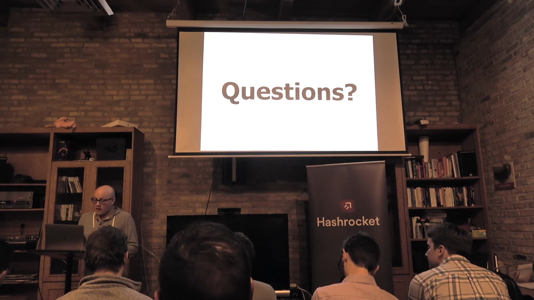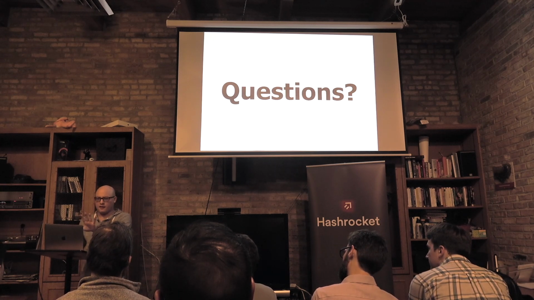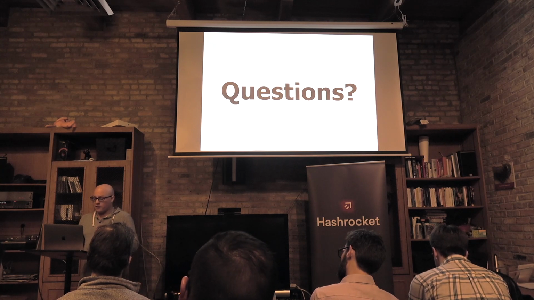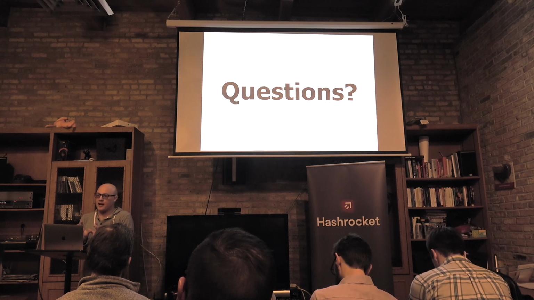Sure. I would definitely encourage you to read the defensive code article. That doesn't exactly cover this question, but in the spirit of OTP, usually the place where the crash is occurring is not the place that is most knowledgeable about what to do in response to that crash.